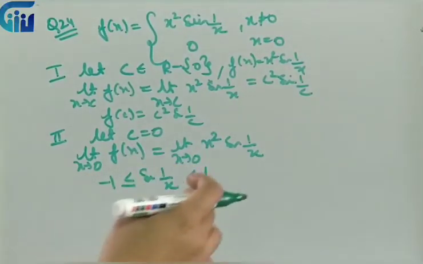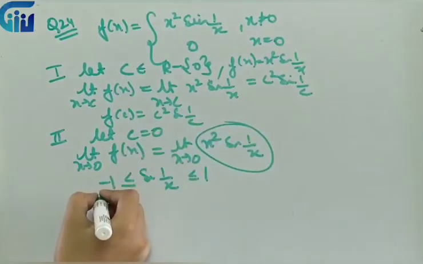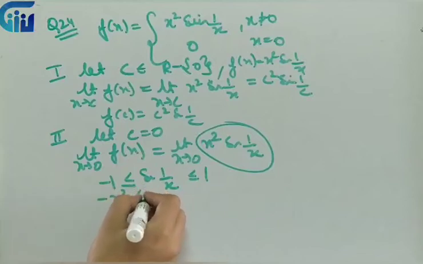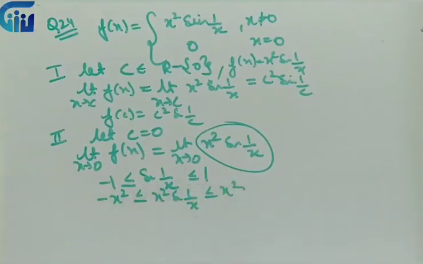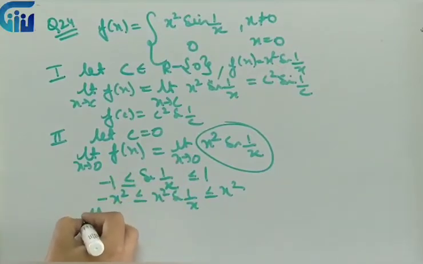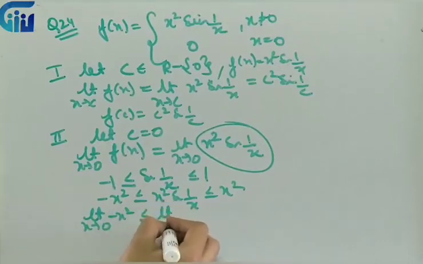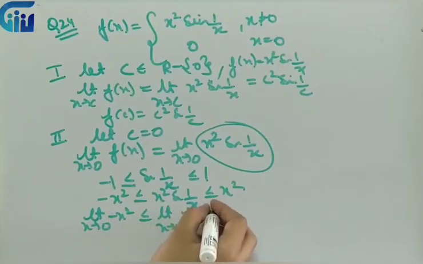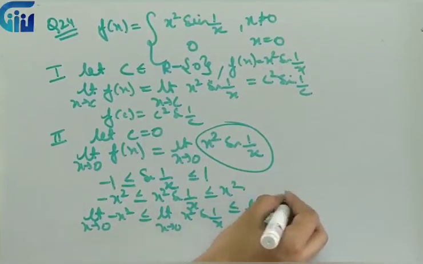Then to obtain this particular function, I will multiply by x square on all the sides. So it will be like this. Now let's put the limit on all the sides. So we'll have limit x tending to 0 of minus x square, limit x tending to 0 of x square sine 1 upon x, then limit x tending to 0 of x square, right?